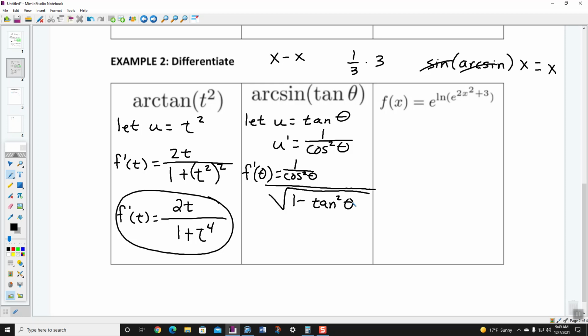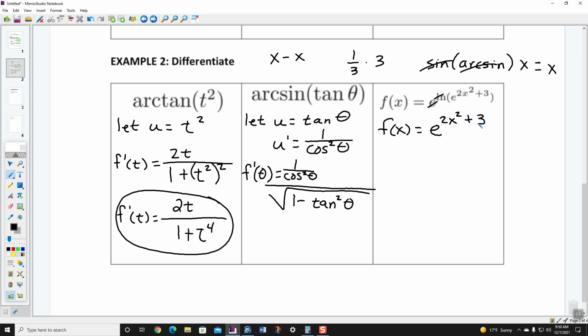Guys, anytime I have e to the natural log of something, what do the e and natural log kind of do to each other right here? Cancel. So this is going to cancel this, so f of x in this case, sometimes it works to your advantage to rewrite this. This is really going to be e to the 2x squared plus 3. Now, if you recall, the derivative of e to the u is u prime e to the u.